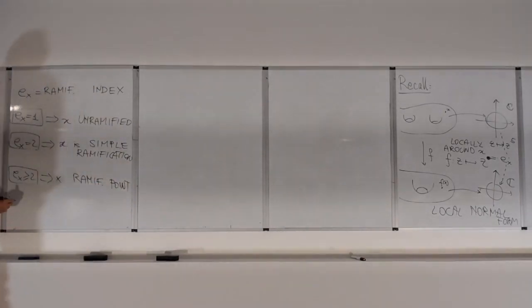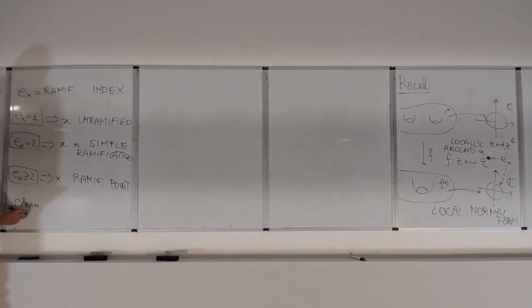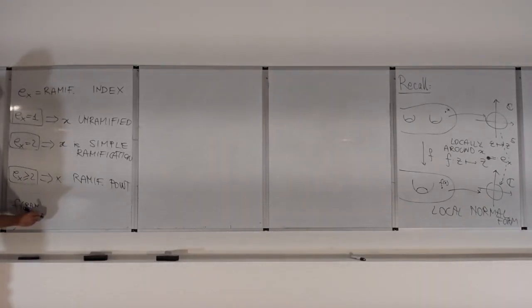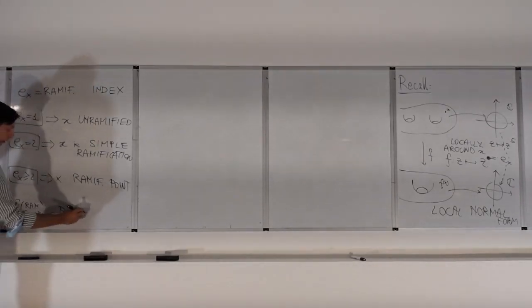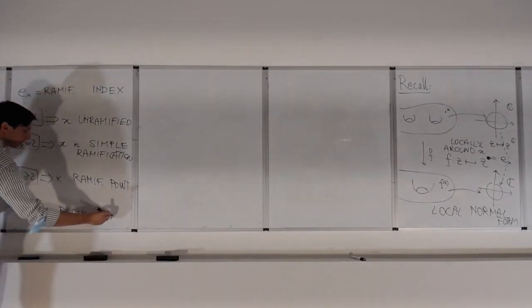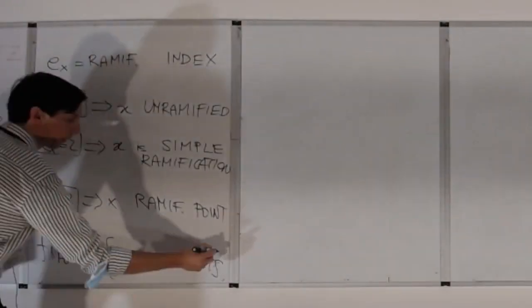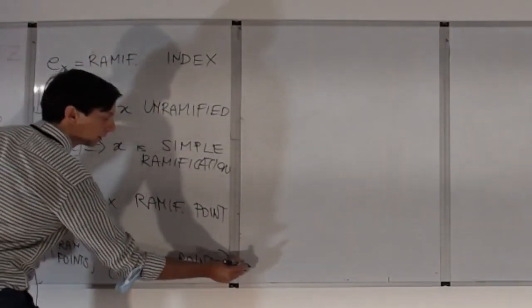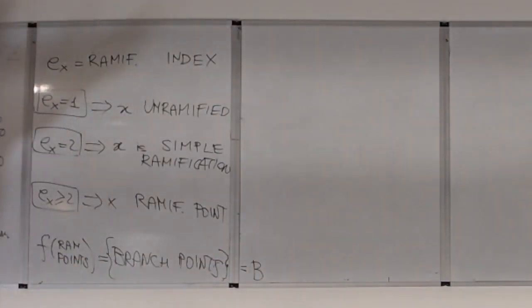And if E_x is 2 or more, then I want to say that x is a ramification point. And I will call the images under f of these ramification points branch points. I want to call the locus of all branch points B, B for branch points.